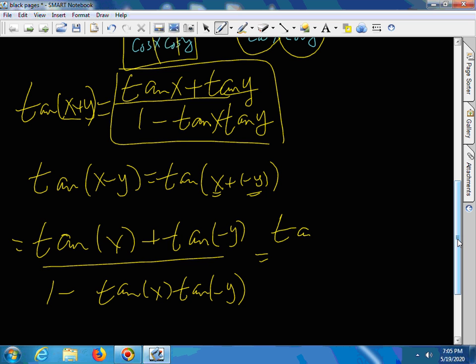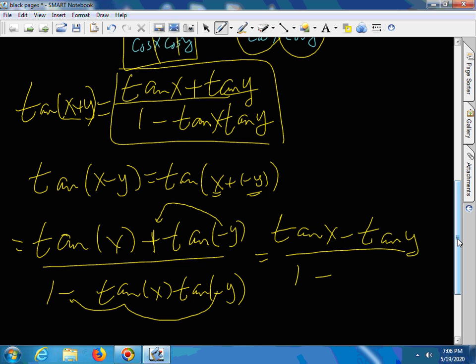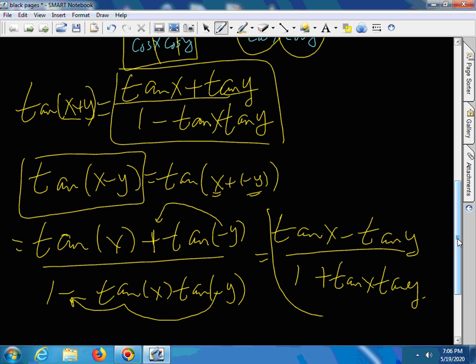So we have tan x. Now, the tangent curve is an odd function. That comes out as minus tangent of y. The minus comes out way out in front and makes that a plus tangent x, tangent y. So the tangent of x minus y is simply that. Okay, that concludes this video.